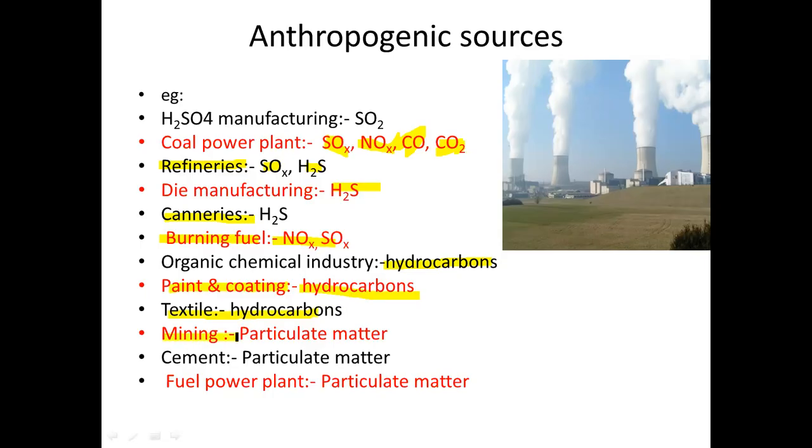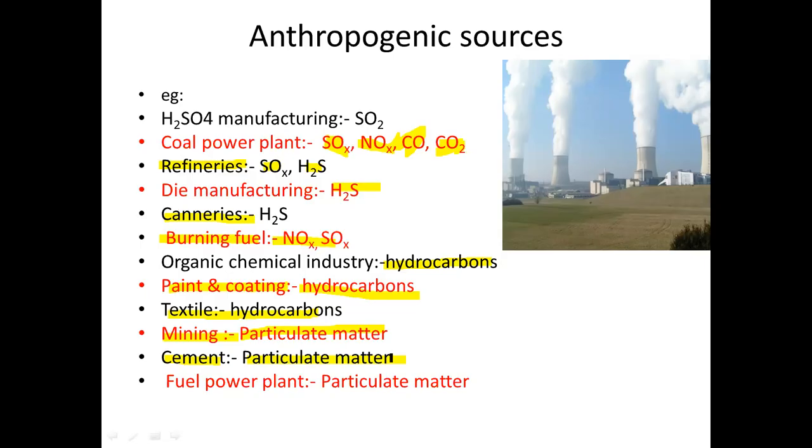The mining industry especially emits particulate matter. Then the cement industry also especially emits particulate matter. For the cement industry, they have to make clinker from minerals like dolomite and other soil.